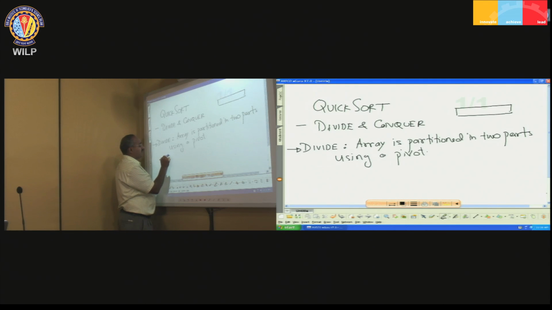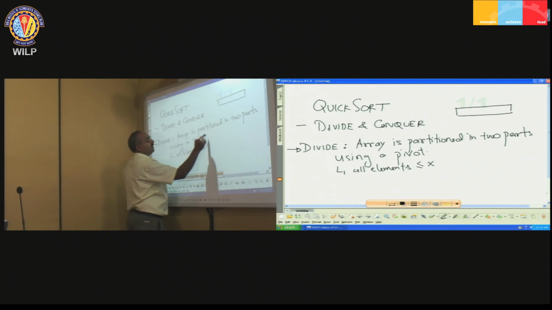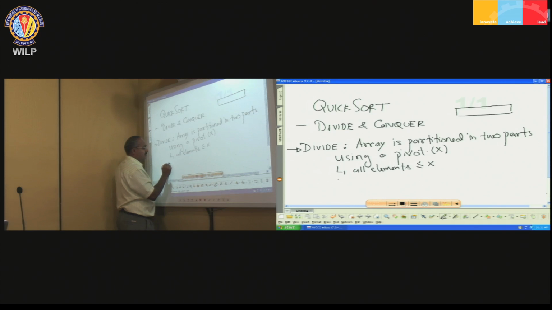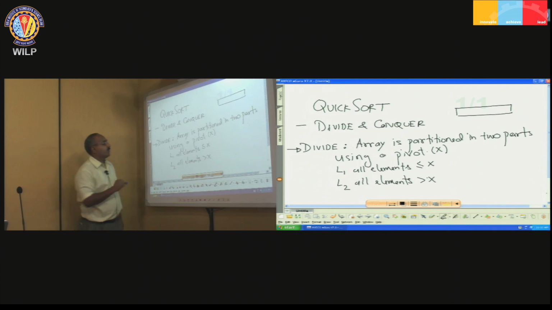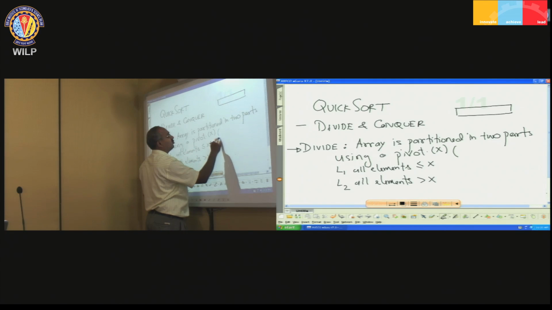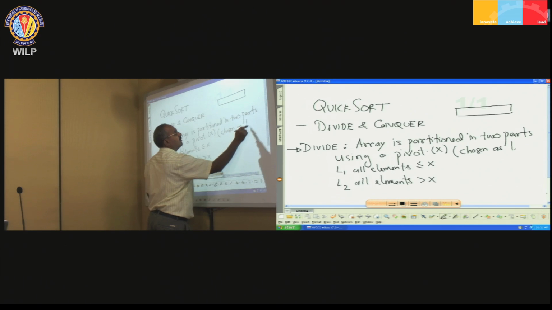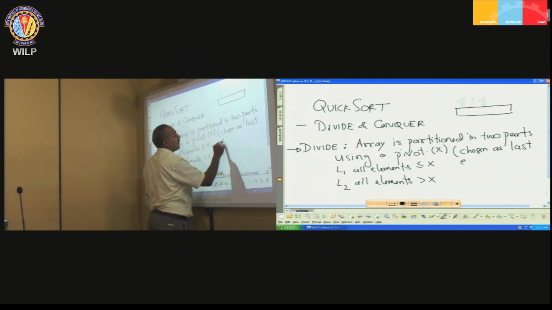Let us say part L1 is all elements less than or equal to x, where the pivot is x, and L2 are all elements which are bigger than x. Usually the pivot is chosen as the last element of the array.